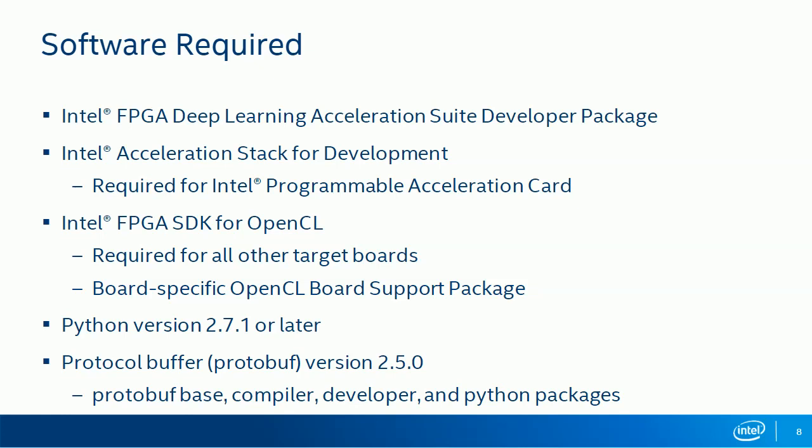And if you're targeting any other FPGA board, you'll need the Intel FPGA SDK for OpenCL and possibly the board-specific OpenCL board support package. You'll need Python version 2.7.1 or later, which is needed to execute the scripts. And lastly, you'll need the protocol buffer tools because the architecture descriptions are described in the prototext format.